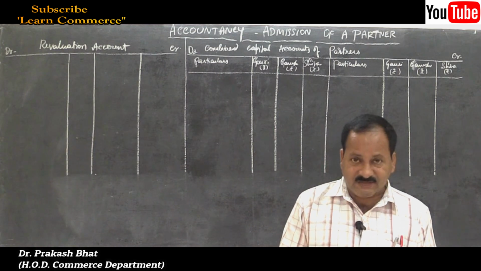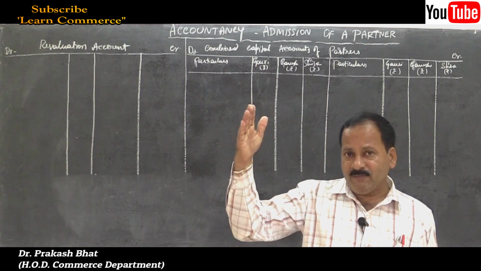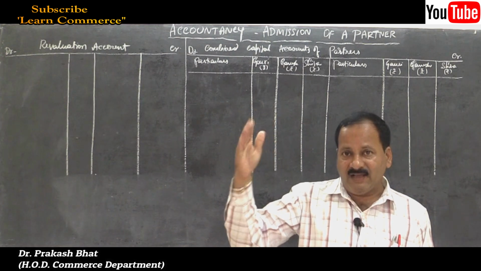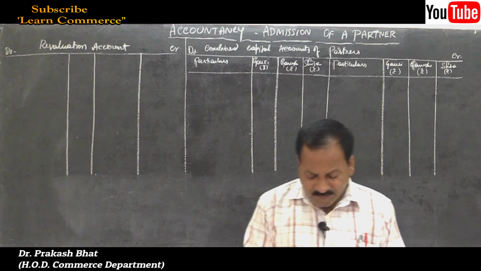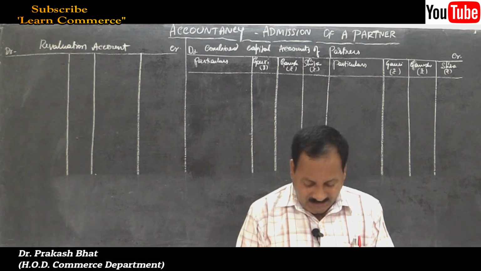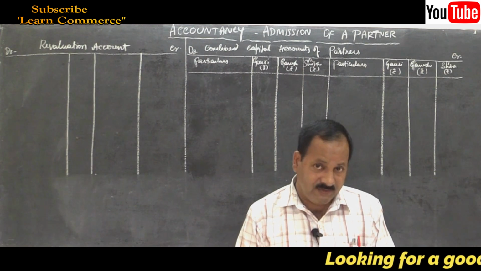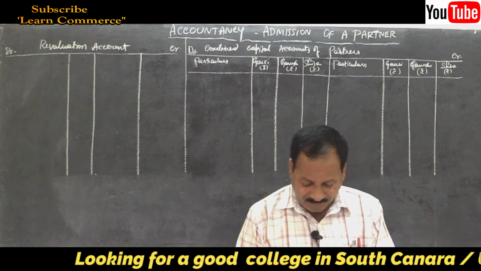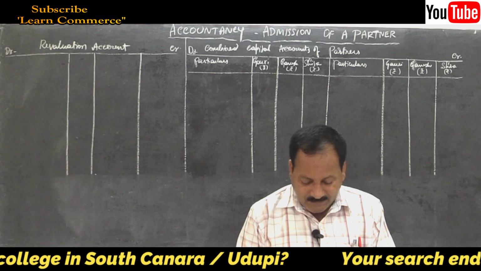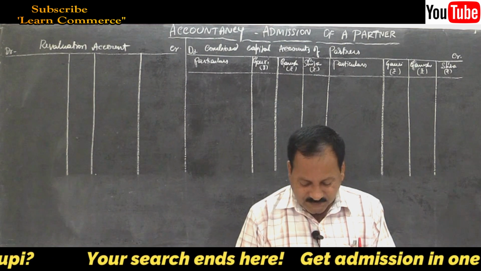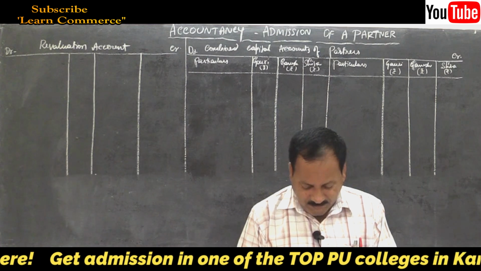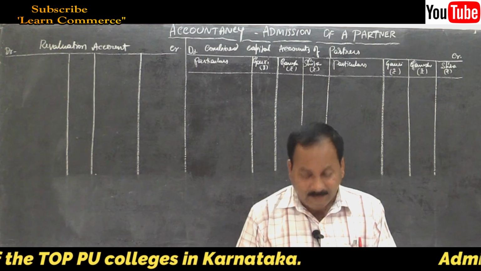Then capital balance is given, that is the starting point of capital account, by balance brought down. Cash in hand, so we have to pass all cash entries, not bank entries. Remember, stock, buildings, debtors, there is a provision, furniture, patents, plant and machinery.